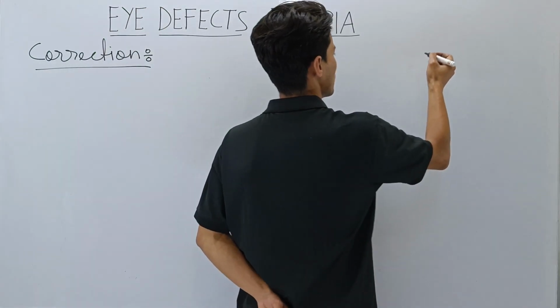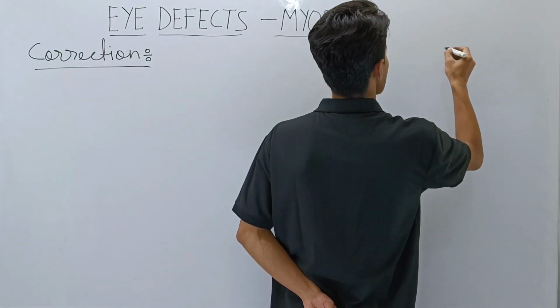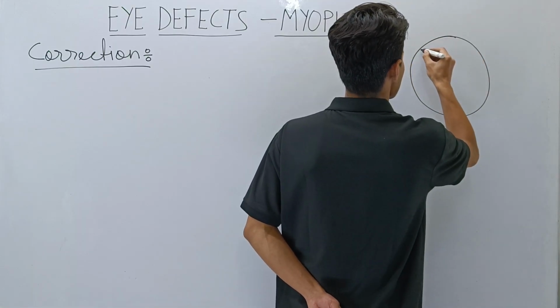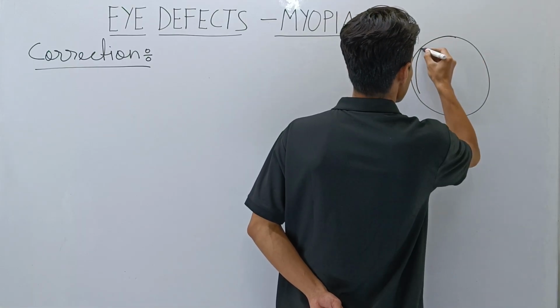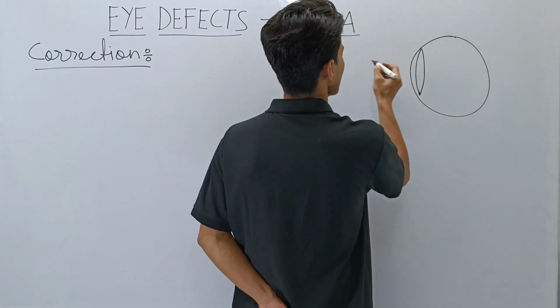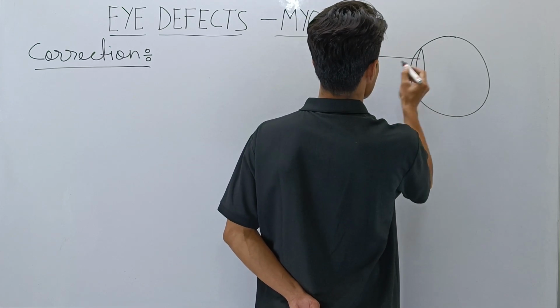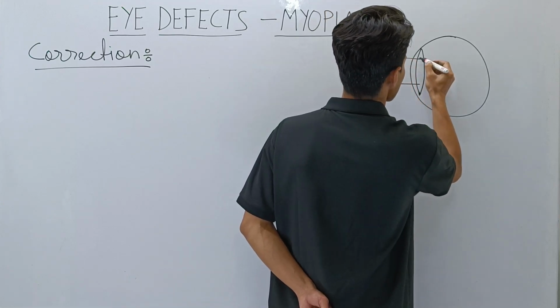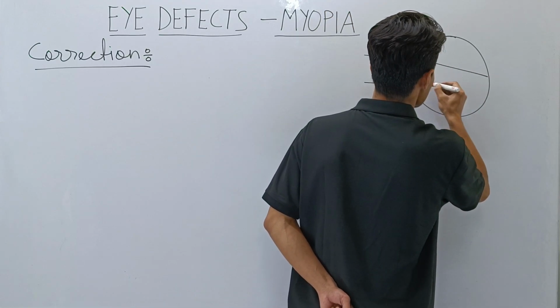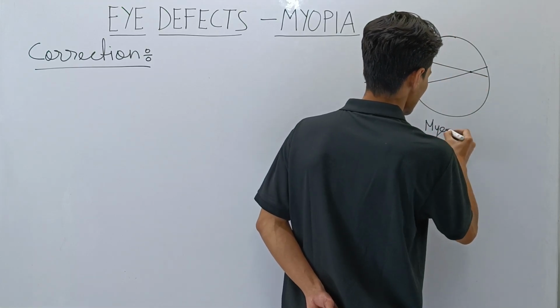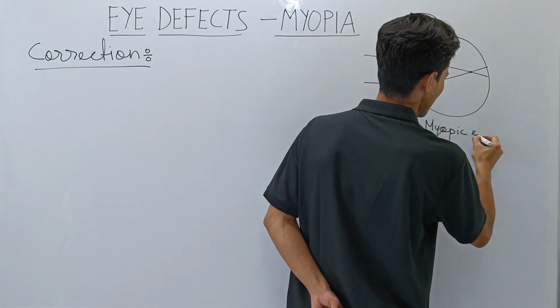So let me draw the defect, the myopic eye, one more time here. This is the eyeball, then this is the lens having the curvature, okay, then two light rays are here, and then they converge before the retina. So this is the myopic eye.